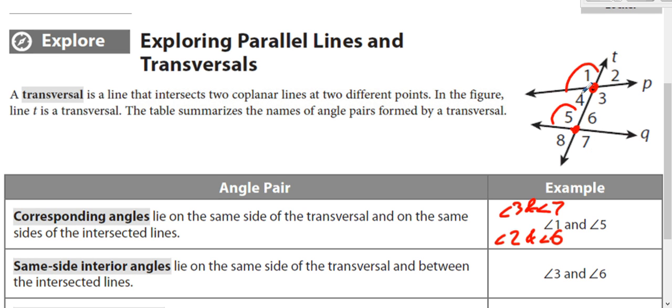And last, we have angle 4 is corresponding with angle 8, bottom left and bottom left. They are also corresponding angles, in the same position at the intersections.